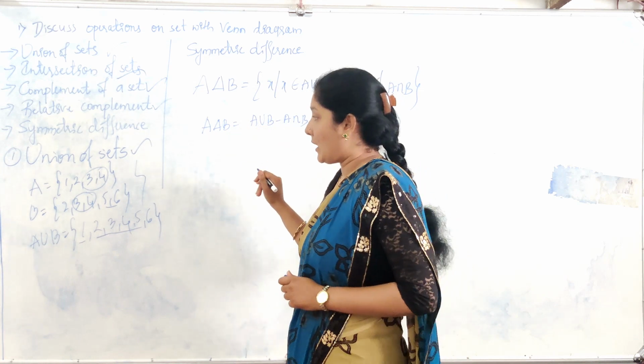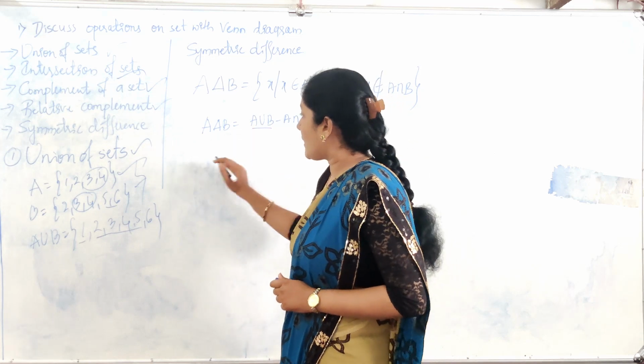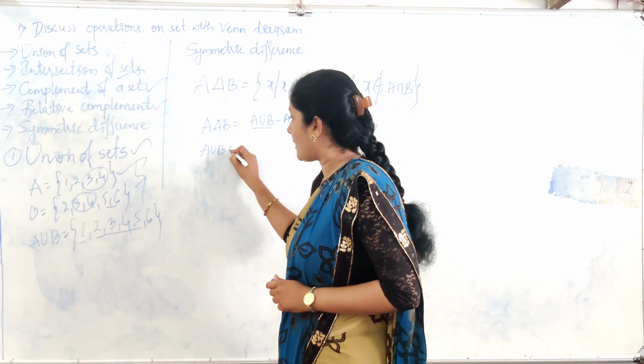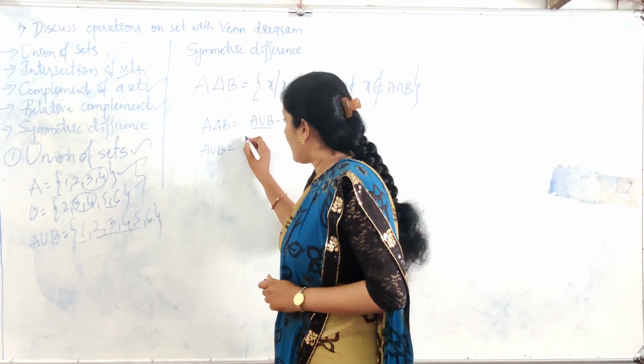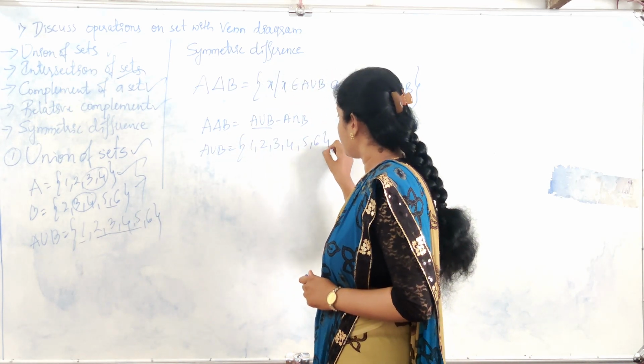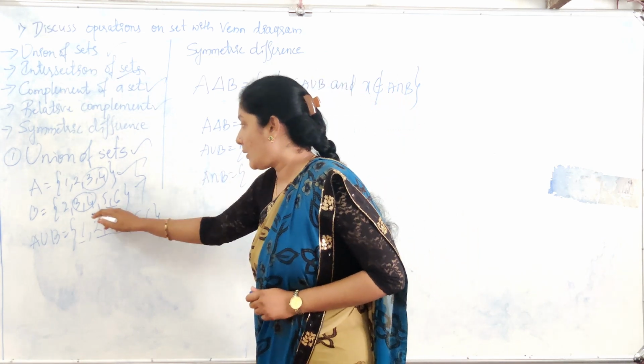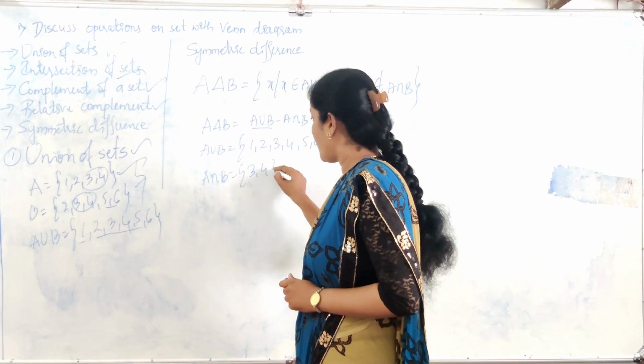So now let us take the same example here. What is A union B first? A union B will be 1, 2, 3, 4, 5, 6. Next, A intersection B will be the common elements, 3, 4.